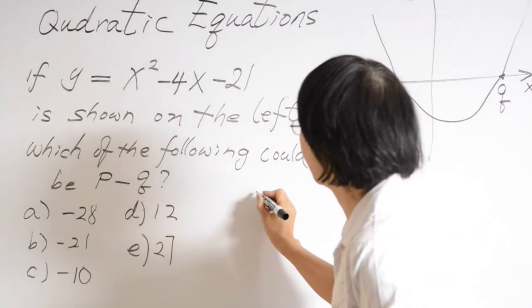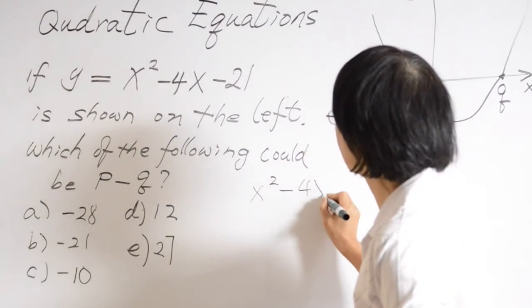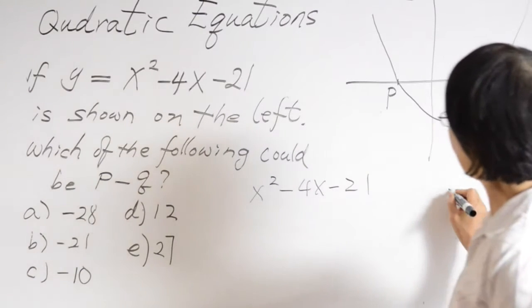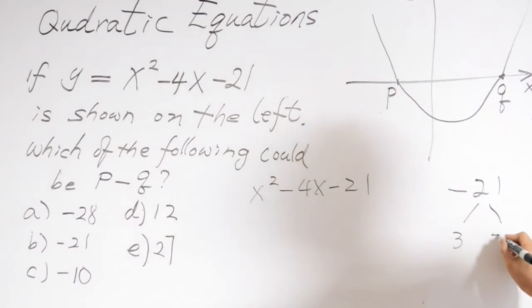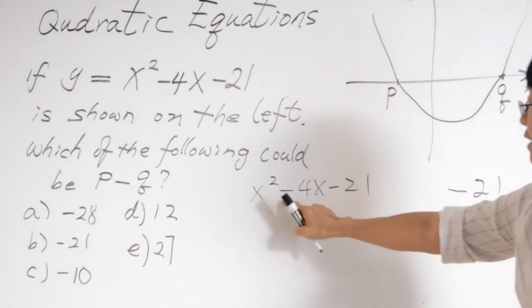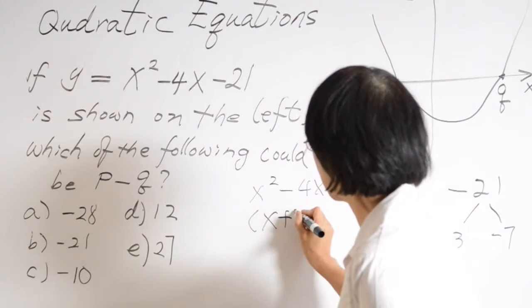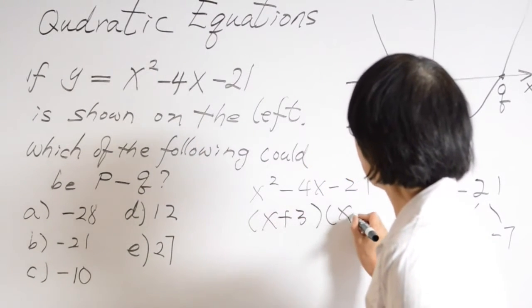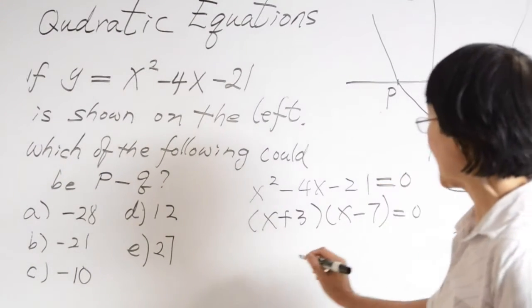So let's do it. x squared minus 4x minus 21. I take minus 21 and factor it out as 3 and minus 7. The reason I pick minus 7 is because when you add them together it gives you minus 4. So I have x plus 3 and x minus 7. I set them equal to 0, which will give you the x-intercepts.